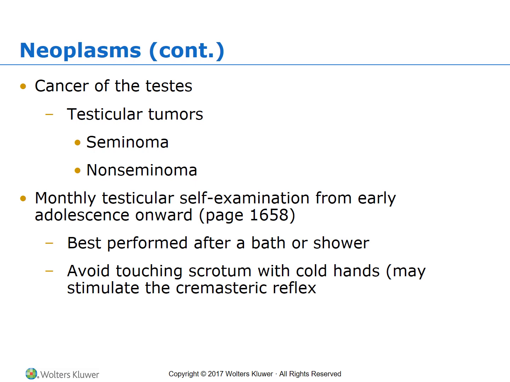The monthly testicular self-exam is on page 1658. It's best performed after a bath or shower, and you want to avoid touching the scrotum with cold hands because that may stimulate the cremasteric reflex.